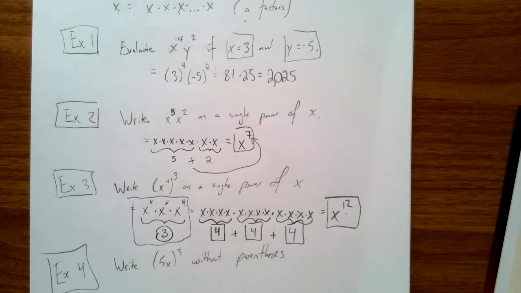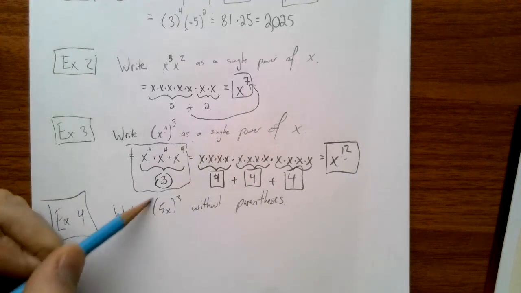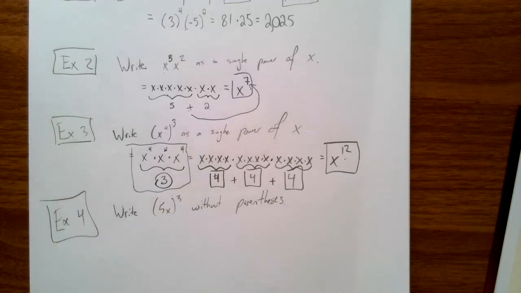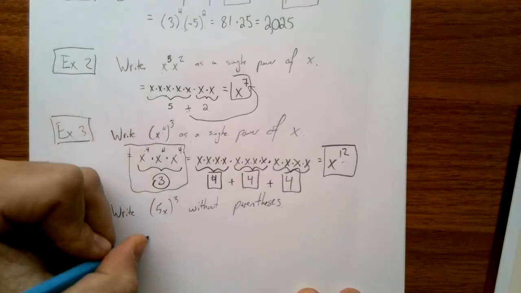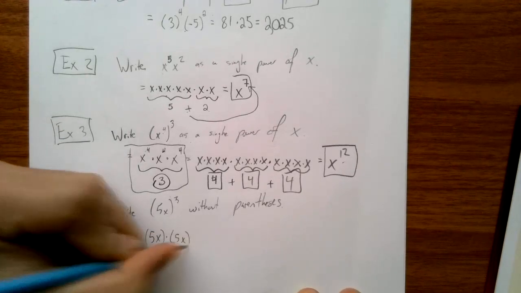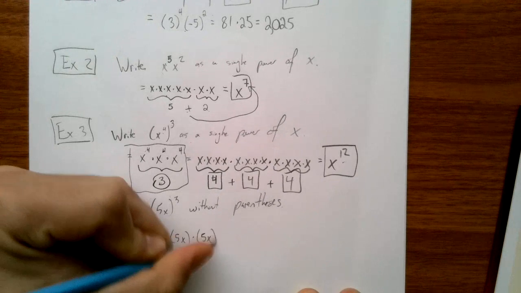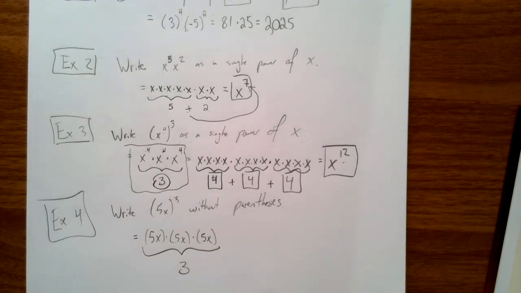The last thing that we'll be asked to do in this section is to take something in parentheses, like 5x, being raised to the 3rd power, and we're being asked to rewrite this without parentheses. So just like in the previous problem, what we have at this point are 3 factors of 5x.